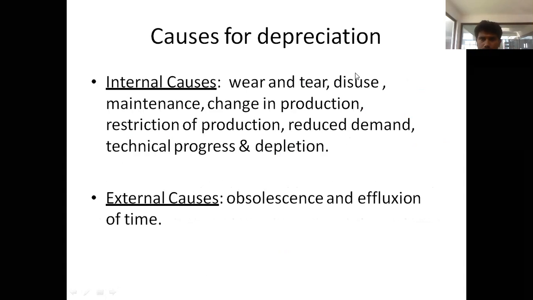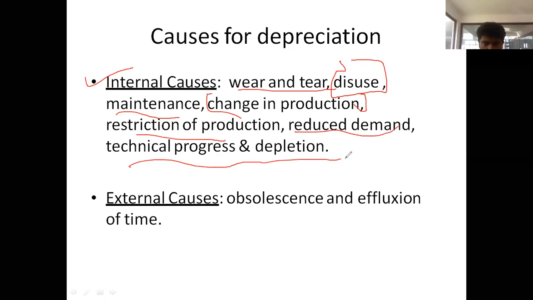So what are the causes? The causes are like this. The internal causes: wear and tear, disuse or maintenance, change in production, restriction of production, reduced demand, technical progress and depletion. These parameters all lead to the depreciation amount.